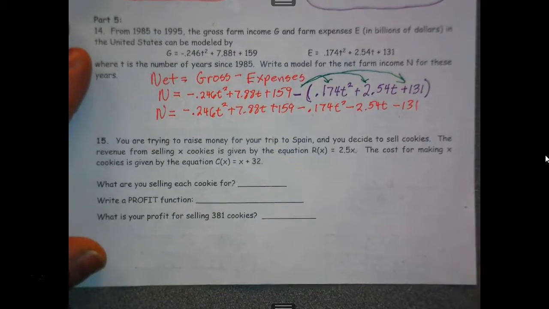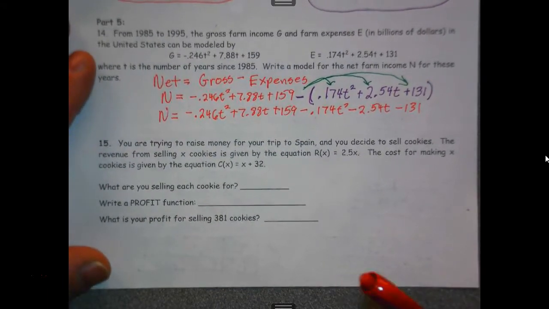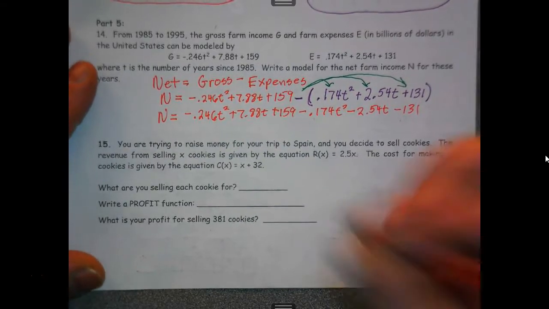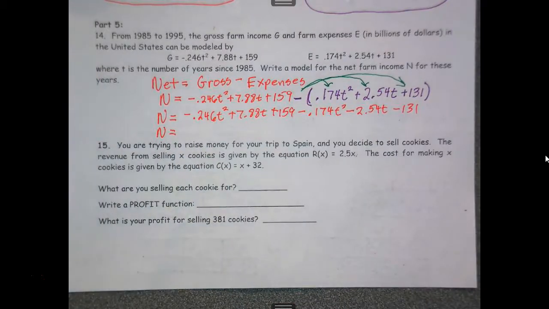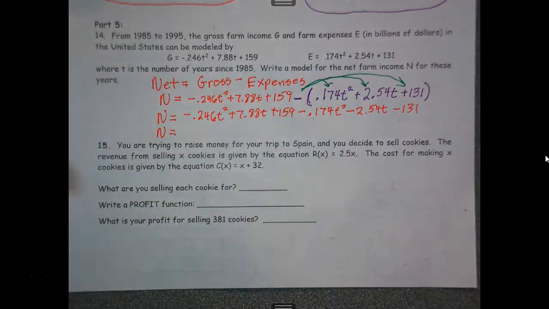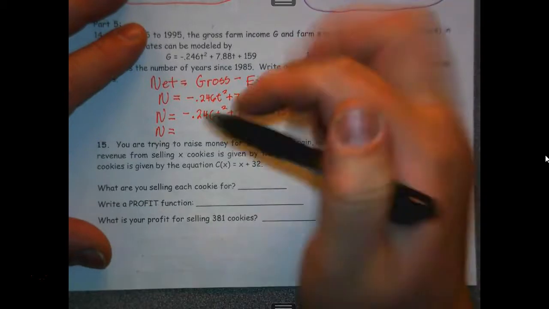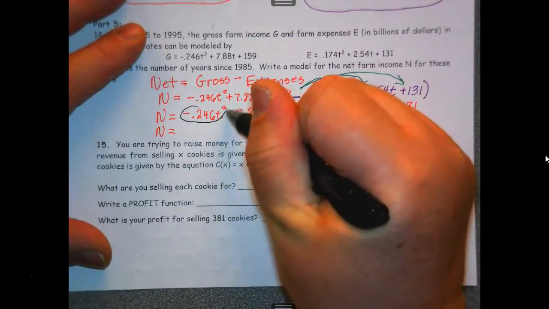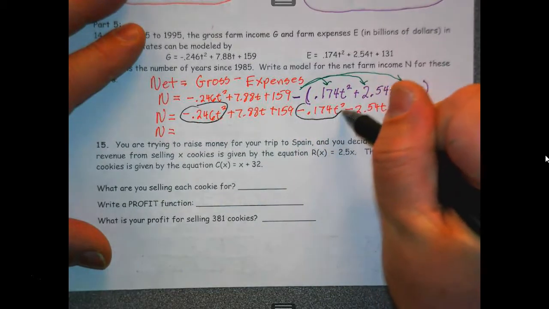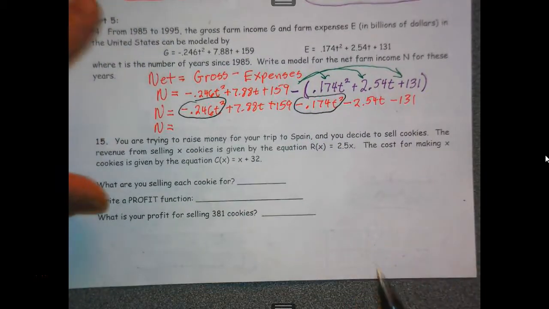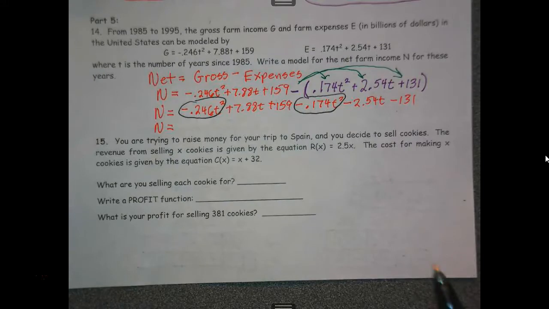There you go. And so what do you have to do next? You're going to combine the like terms. Negative 0.246 T squared minus 0.174 T squared. What do you get?